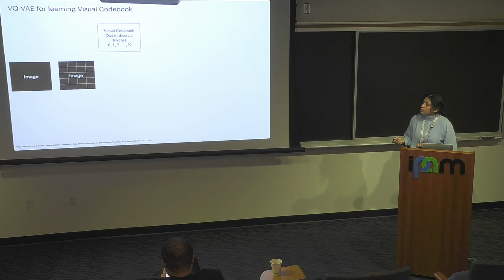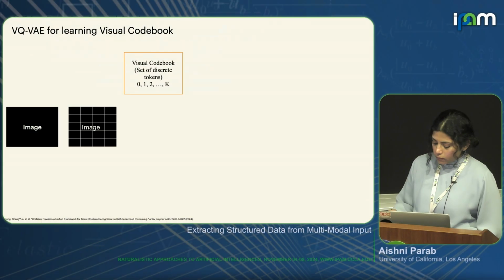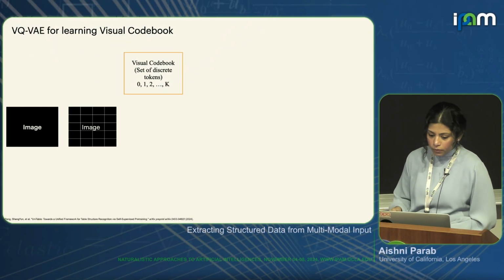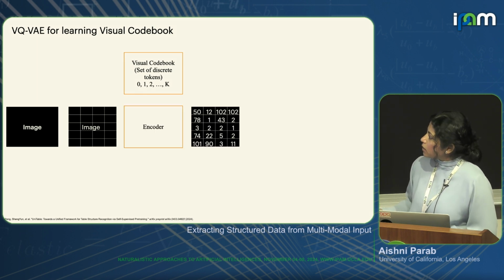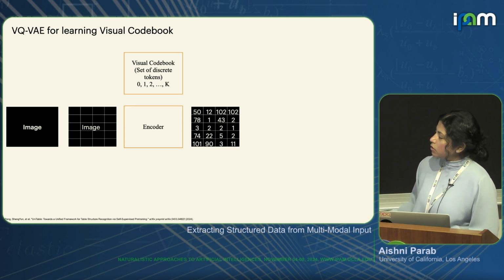So Unitable essentially operates on the VQ-VAE framework. You first start by defining a visual codebook, which is a set of discrete tokens, and you split up the image into these small patches. And during pre-training, the task is to train an encoder which predicts a token for each of these patches.